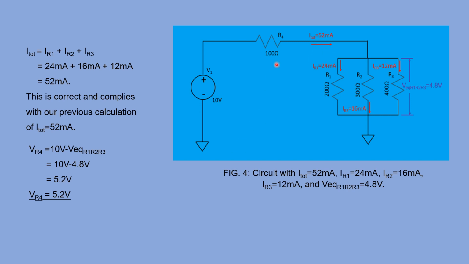Now we can also calculate the voltage drop across resistor R4, which we denote as VR4, is equal to 10 volts minus that equivalent voltage V equivalent R1, R2, R3, which is 10 volts minus 4.8, which gives us 5.2 volts. So we can say the voltage drop across the resistor R4 is 5.2 volts.